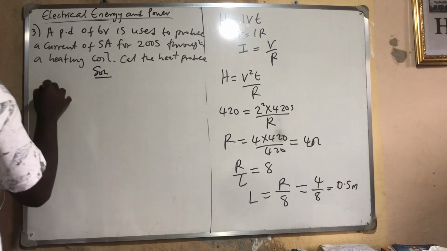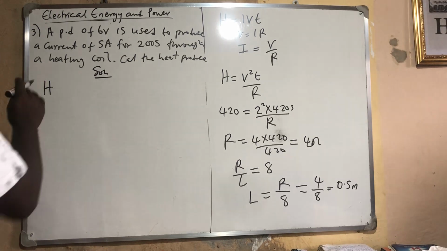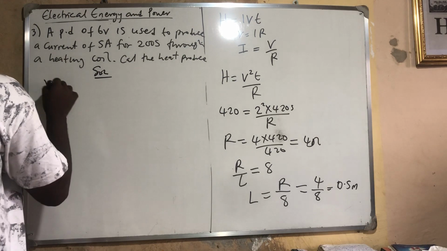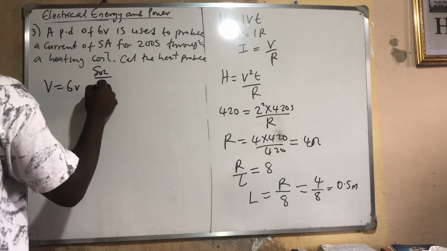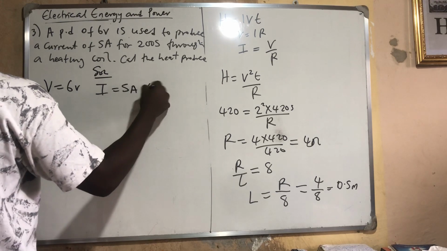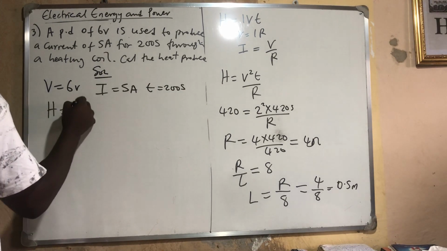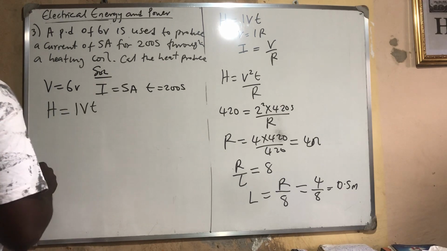So we have that my energy, which we represent as heat H. Let me bring out the parameters. I have my V as 6 volts. I have my current as 5 ampere, and then my time as 200 seconds. So I know that my energy is equal to IVT. Okay, very simple.